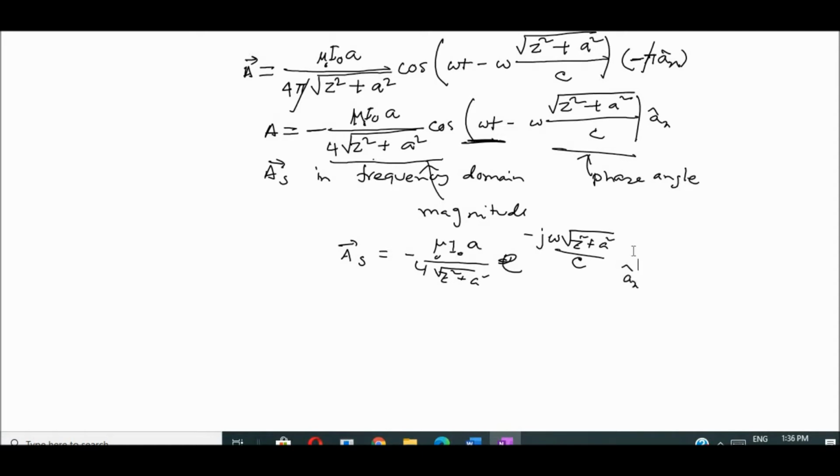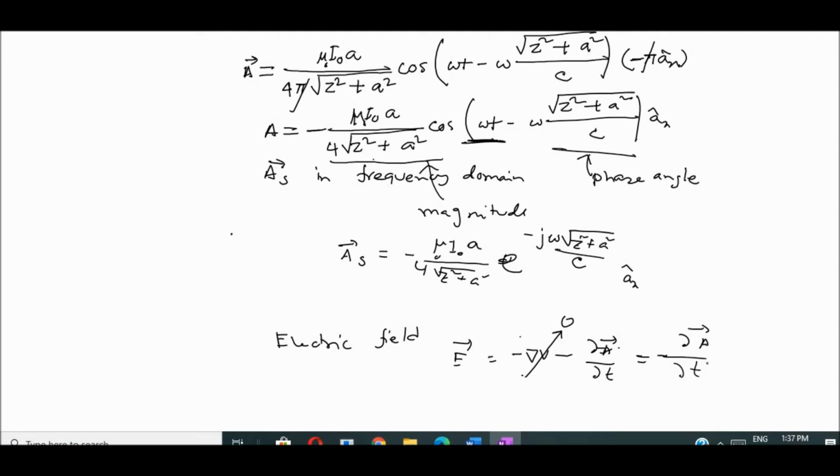Now to find the electric field, we have to apply the formula E equals negative gradient of V minus partial A over partial t. Here it is said that the scalar potential is 0. The question says you have to write only the negative partial A over partial t.